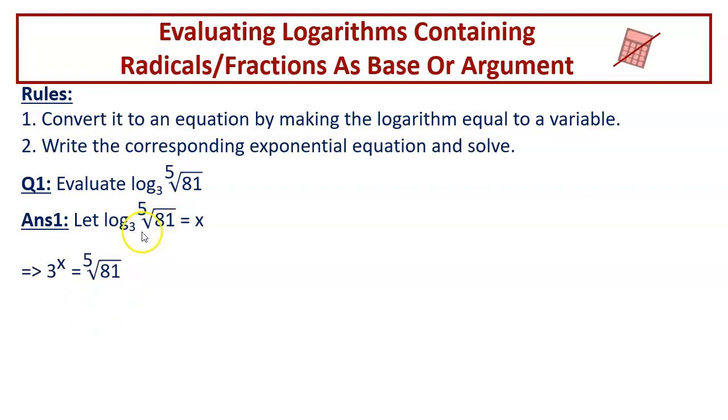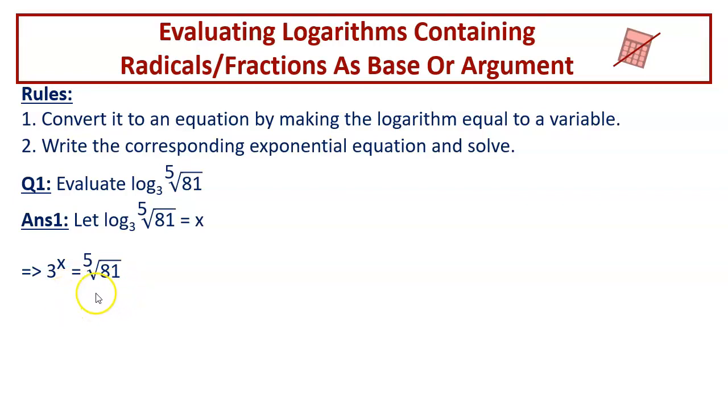I hope you know how to convert a logarithmic equation to its corresponding exponential form, or an exponential equation to its corresponding logarithmic form, using the BPA rules. In case you are not familiar with this technique, I'll definitely ask you to watch my previous videos on this topic. Now, since we have got an exponential equation, how do we solve exponential equations?